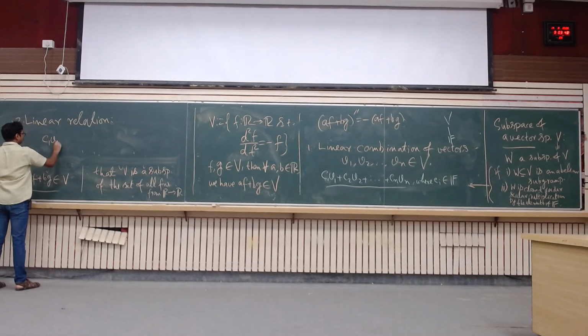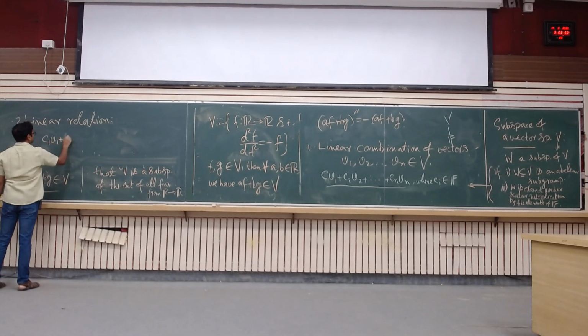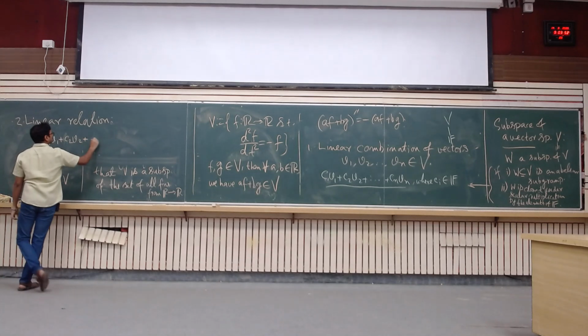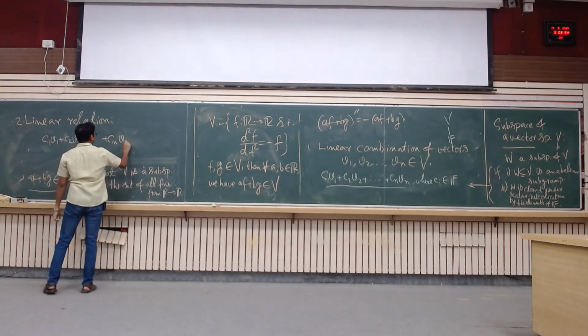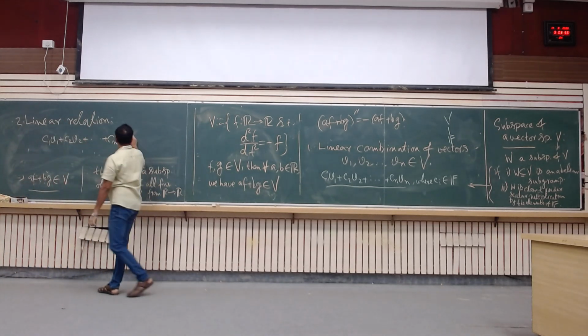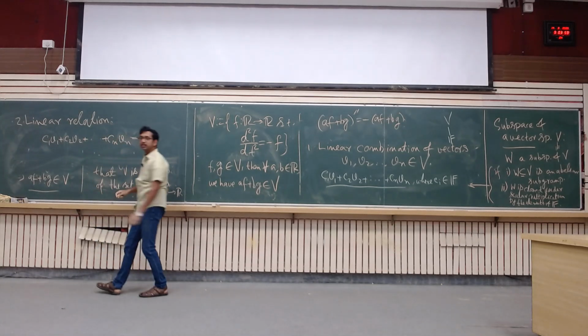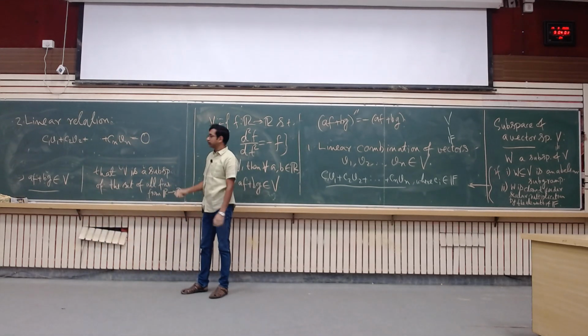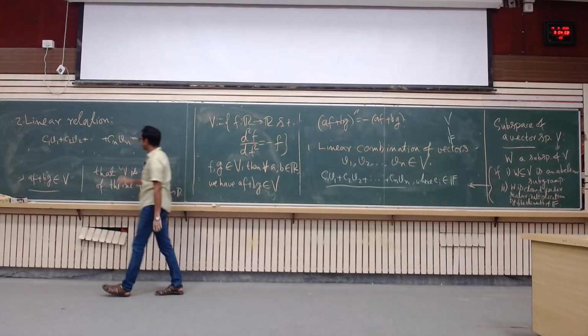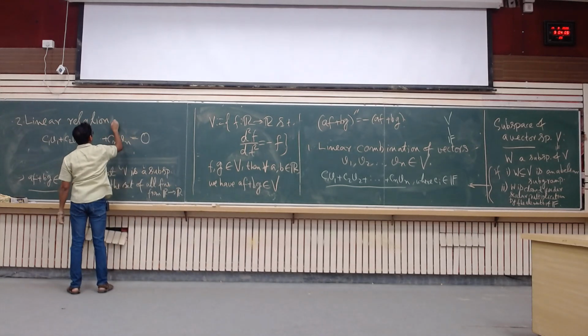A relation of this form, c1 v1 plus c2 v2 plus ... plus cn vn, so some linear combination which is giving 0 as an output. 0 in the vector space. So this is a linear relation of, or among, the vectors.